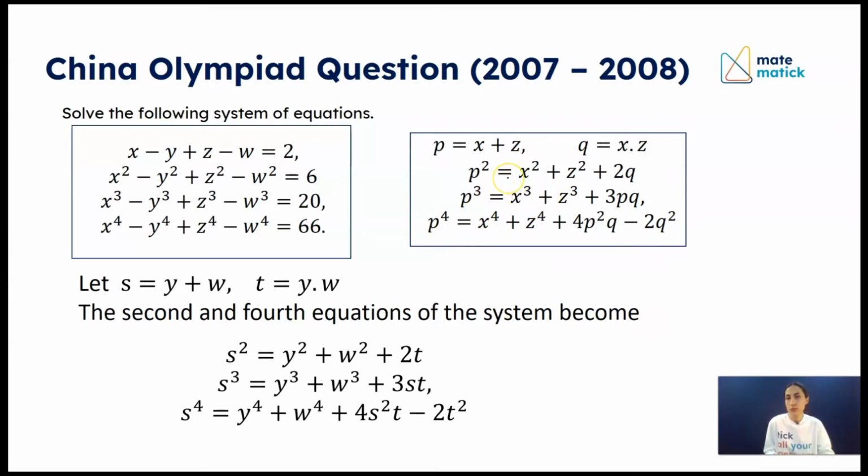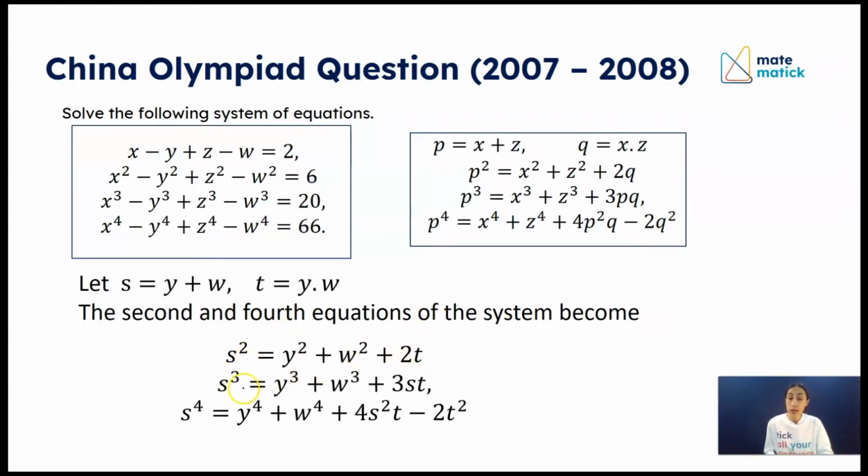For example, we already found p squared is equal to x squared plus z squared plus 2q. So here s squared is going to be y squared plus w squared plus 2t, because q is x times z and t is y times w. So instead of q, I'm going to put t. So here I have s squared is equal to y squared plus w squared plus 2t.